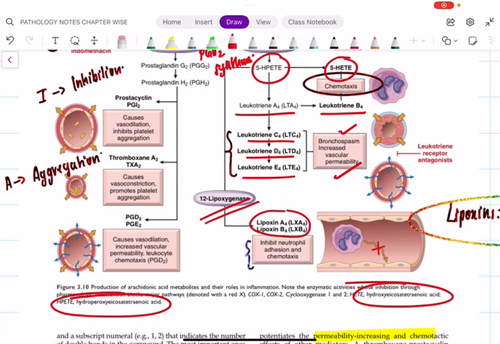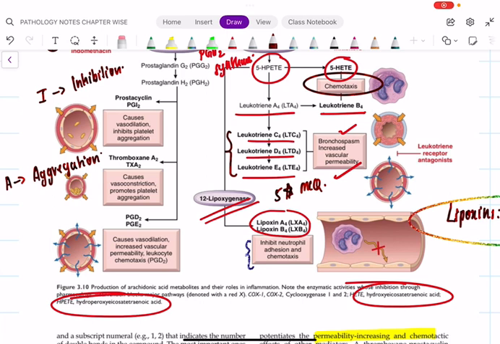Remember, here comes a very, very important 5-star MCQ question: which of the following arachidonic acid metabolites is anti-inflammatory? Out of all this, except lipoxins, all others are pro-inflammatory and encourage the inflammatory process, whereas lipoxins are the only arachidonic acid metabolites which give a halt to the inflammation.